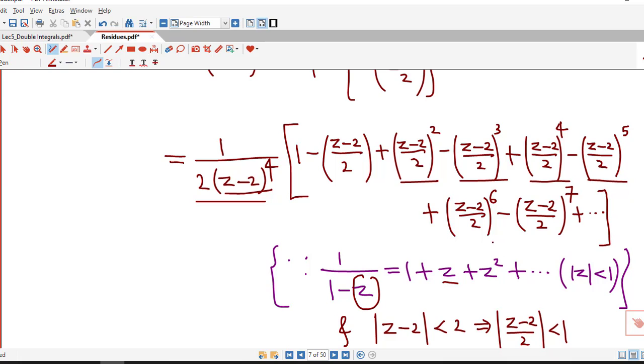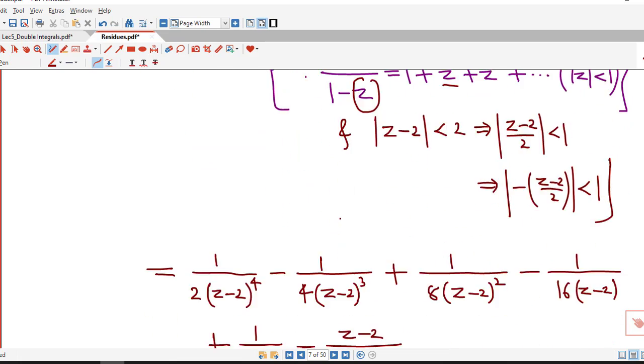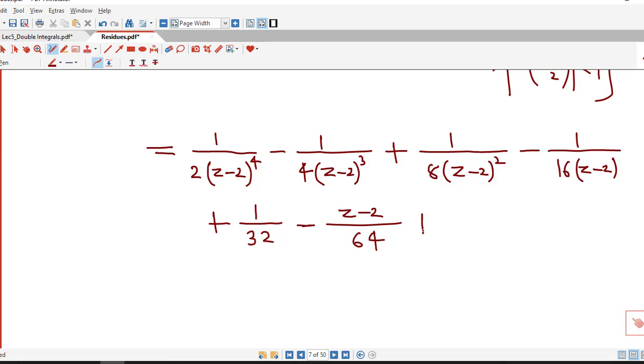And the next term is z minus 2 raised to 6, so z minus 2 raised to 4 will cancel out, and we have z minus 2 square divided by 2 raised to 6 into 2 raised to 7. So it is going to be z minus 2 square divided by 2 raised to 7.